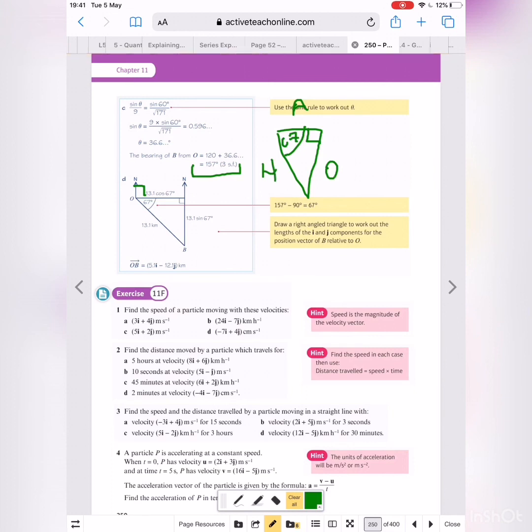And you know your hypotenuse is 13.1. Therefore you can just use your trigonometry rules to work out each side that you need. So I hope that's helped, and then you just put them just like that in front of the i and j, literally just like before.